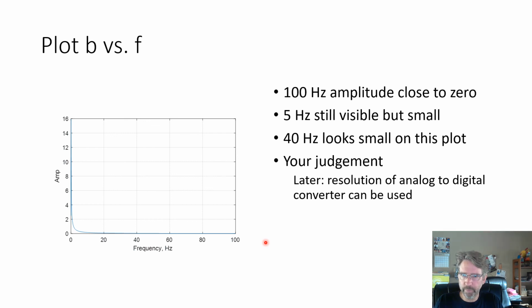It's worth repeating that this line doesn't really go to 0. It approaches 0. So we're making a judgment on what 0 to however many significant figures we're interested in is. And the frequency where that happens is what we're interested in for FM. Later, we're going to use the fact that in a data acquisition system, your analog to digital converter might not be able to measure very small voltages.